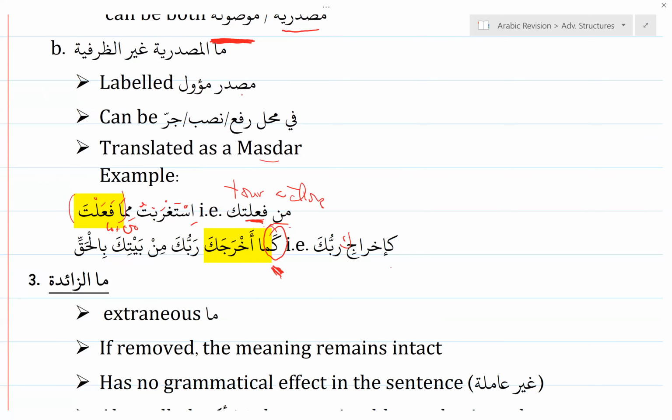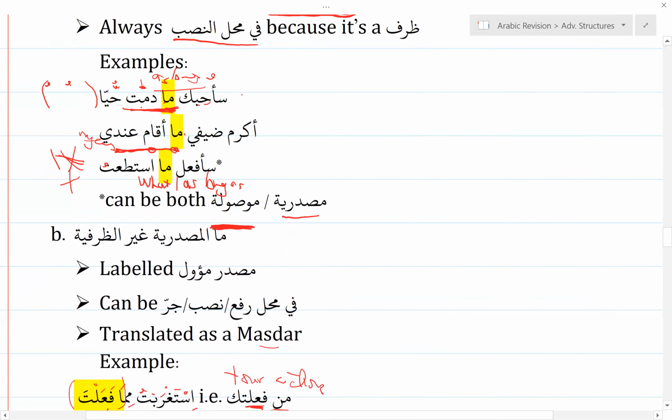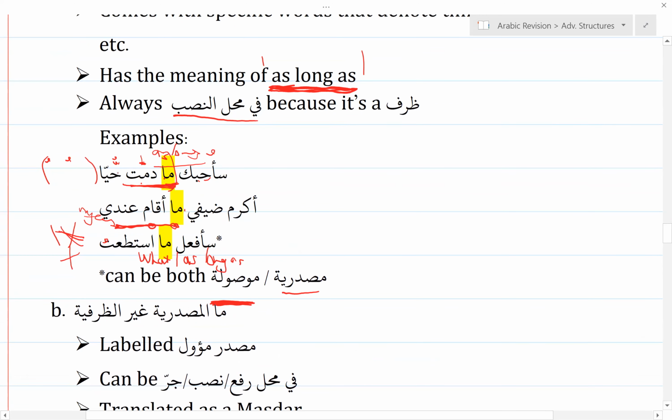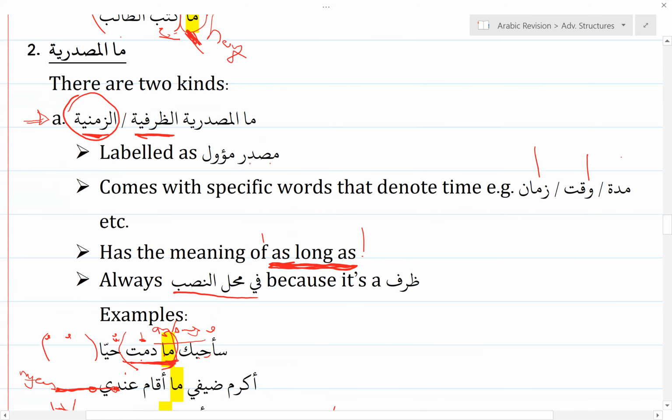But in Arabic, when we label this, we will label it as a masdar, but we will not translate it as a masdar. That's the difference. We will translate it as "as long as," but we will label it as masdar muawwal. You would see it in the books, they will call it masdar muawwal. But the meaning is "as long as."